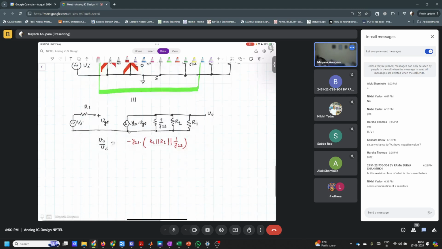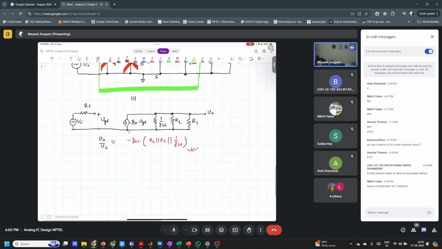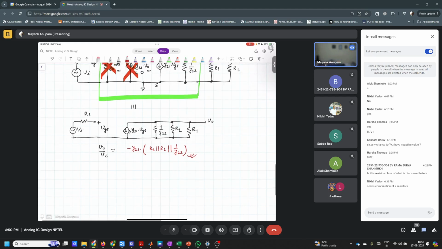So this is the same as what was already explained in the lectures also. There's not much trouble here. So basically, because of this VGS, there is a current that is going to flow like this, right? A current is going to flow in this direction, correct?